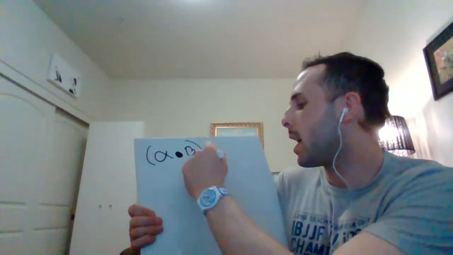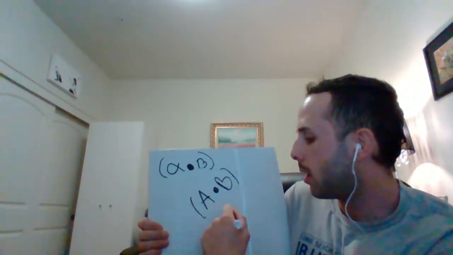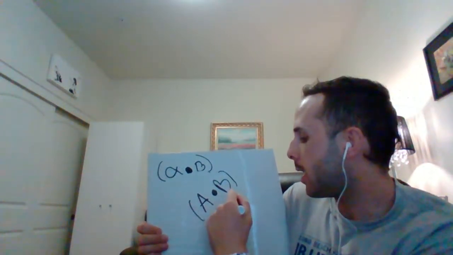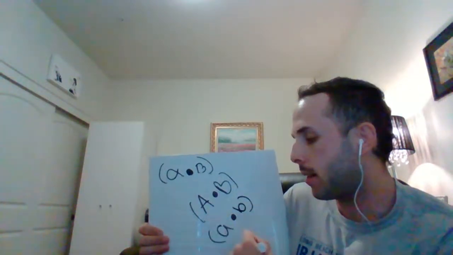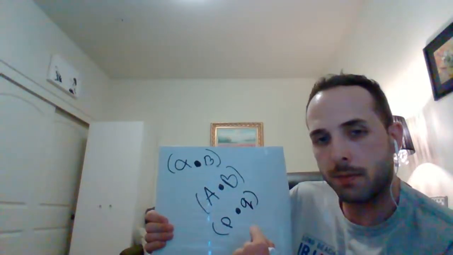In the book, they don't use these Greek letters, but instead they take our English letters. So we have A and B, lowercase a and lowercase b. Or they even use lowercase p and lowercase q.